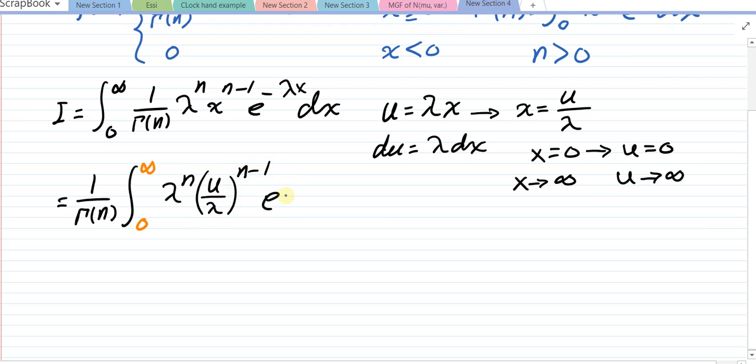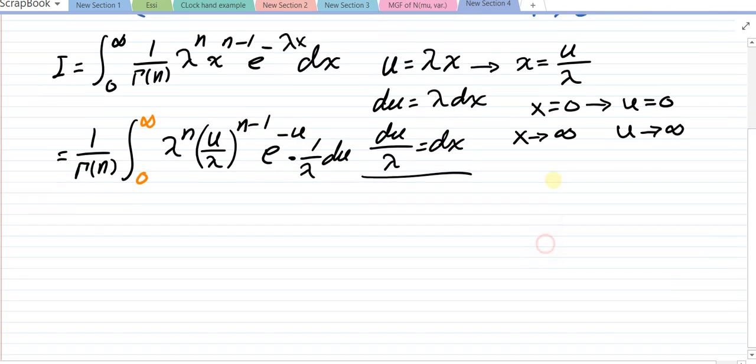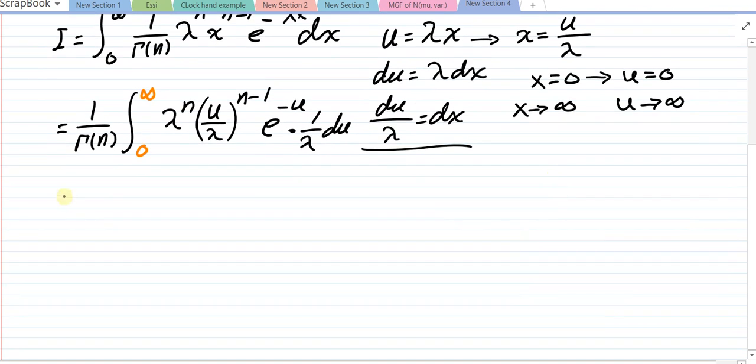E to negative lambda x is e to negative u, and dx is going to be du over lambda, so that's 1 over lambda du. Then we can tidy up this integral a bit. Here's 1 over gamma n, with limits of integration from 0 to infinity.